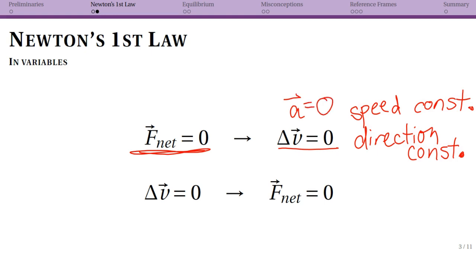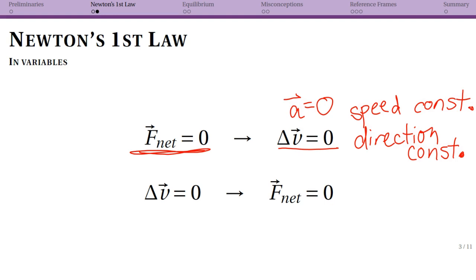Part of why I'm writing it as delta v rather than acceleration is that we usually write it as an object at rest stays at rest, or an object in motion continues in motion in a straight line at a constant speed. So both of those are explicitly referring to changes in velocity, though that is just how we define acceleration. So now, the reason that I've written it here is that we can flip it around.